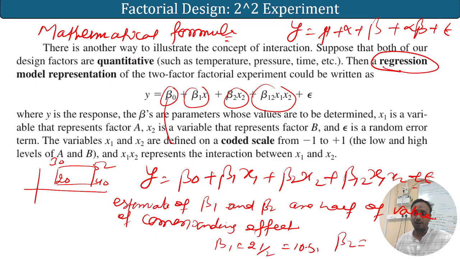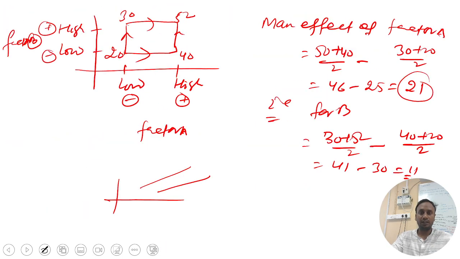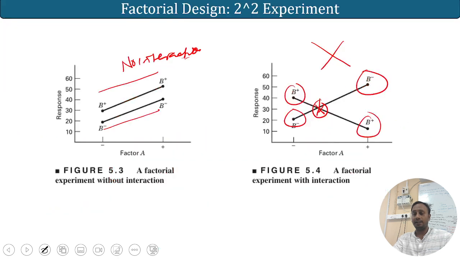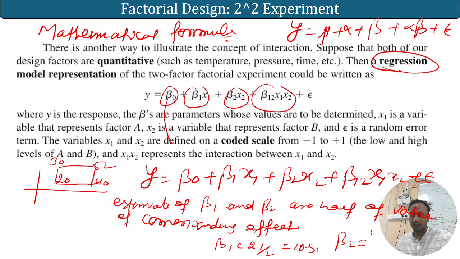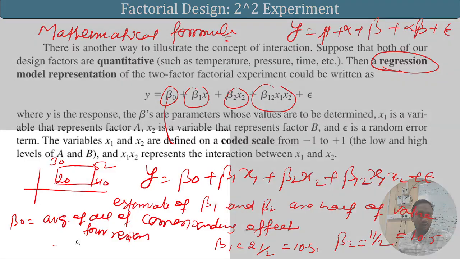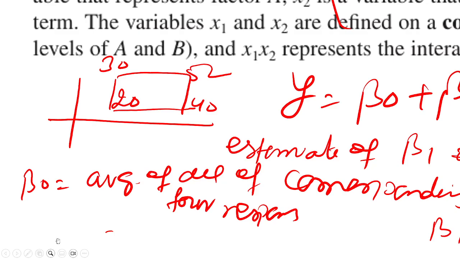Beta 2 for B, we calculated 11, so it will become 11 by 2, that is 5.5. Then for beta naught, it will be the average of all four responses. What were all four responses?